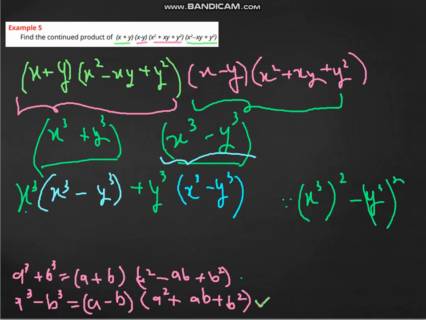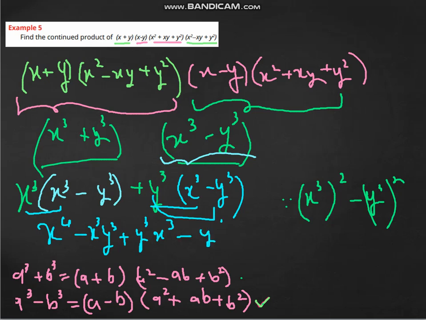So x cubed times x cubed makes x to the power 6, and x cubed times minus y cubed makes minus x cubed y cubed. Y cubed times x cubed makes plus y cubed x cubed, and y cubed times minus y cubed makes minus y to the power 6.